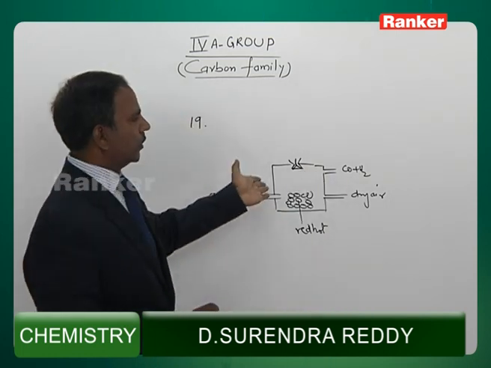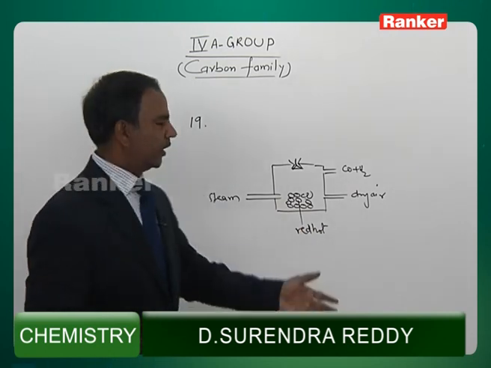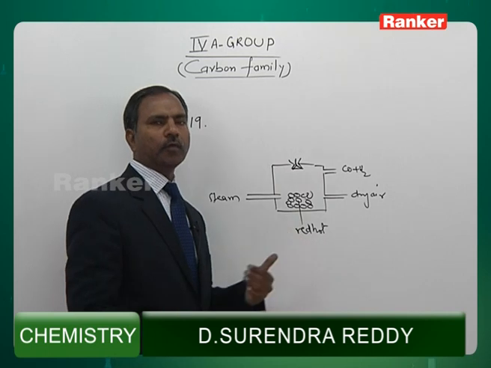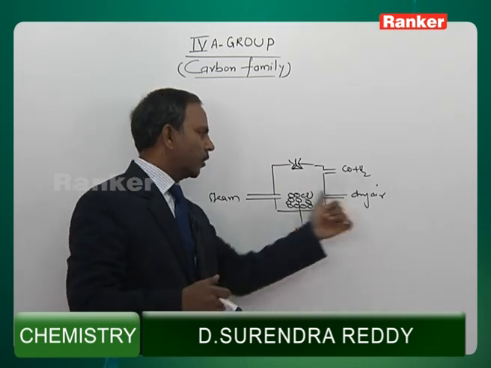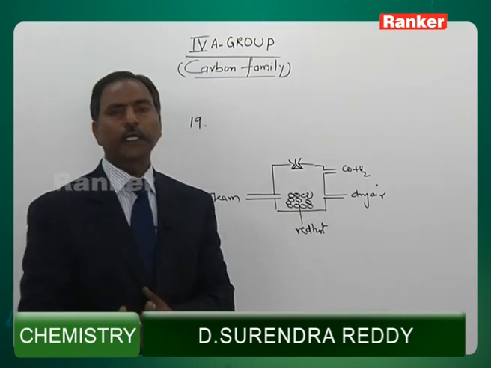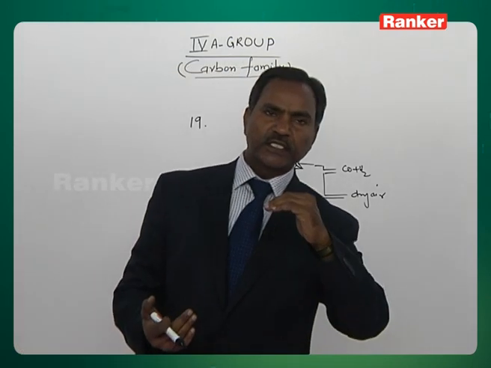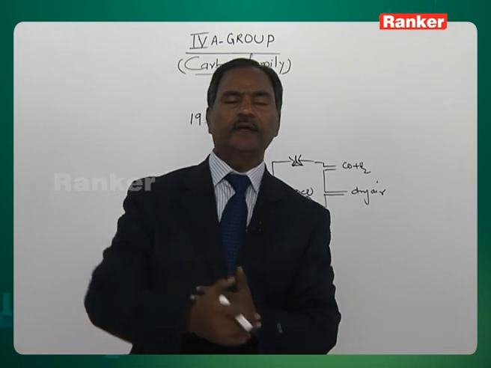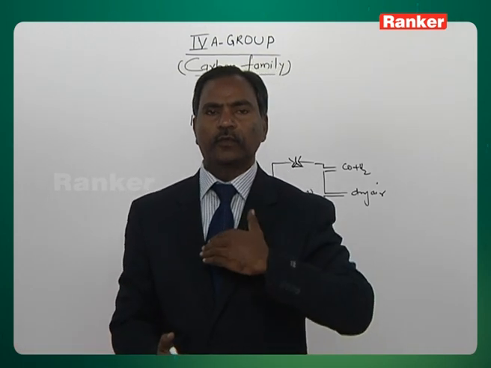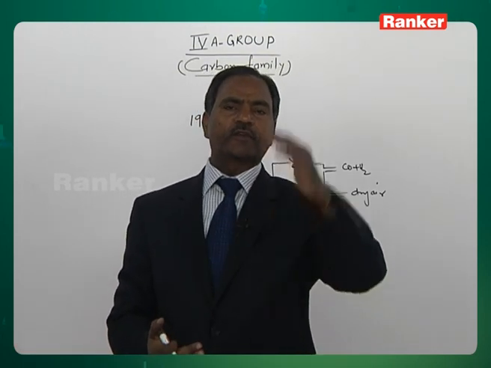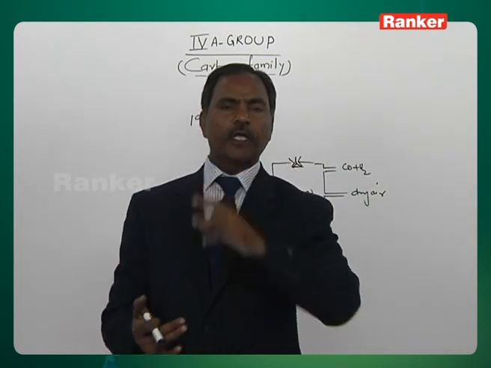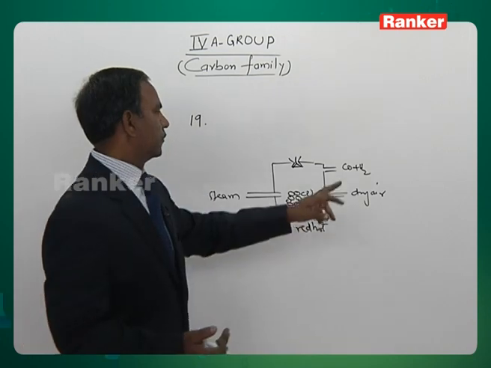While passing steam, the coke is cooled. Then you have to make it red hot again, so you pass dry air. At certain intervals of time you pass steam and then dry air again, steam and dry air, and by that you get water gas.